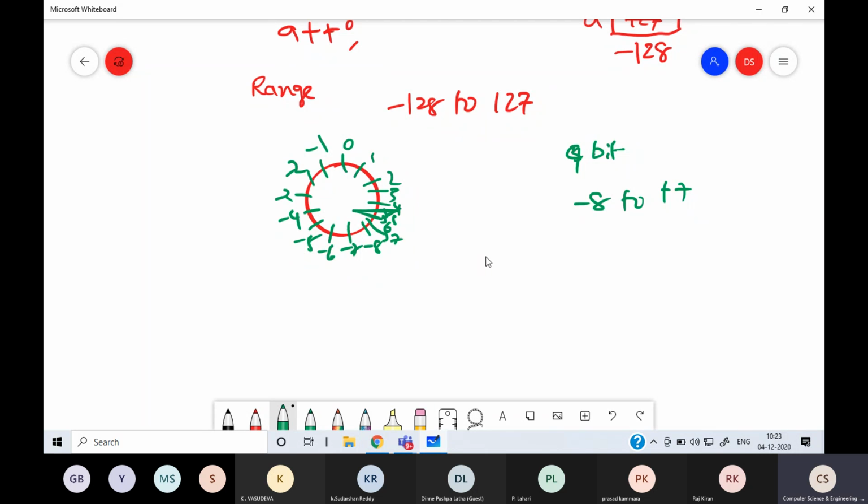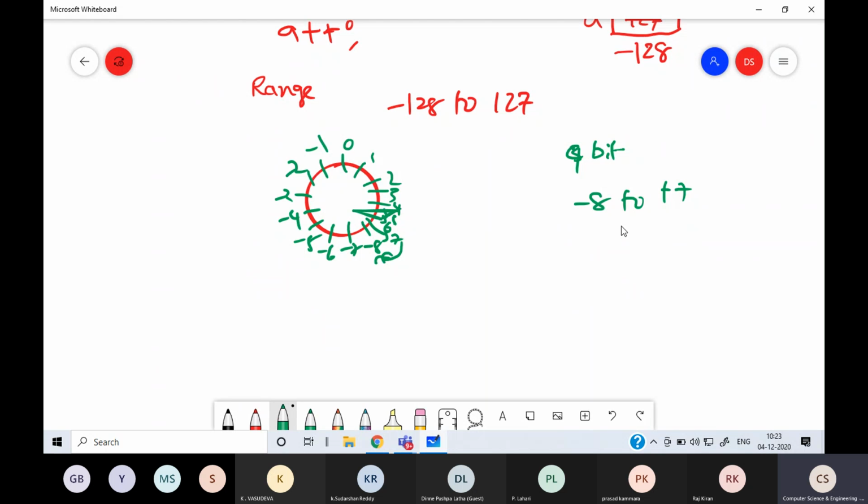So this is how it is. So when I increment 7, if you interpret like this, after 7, what will you get? Minus 8. After the positive maximum, you will reach the negative maximum.